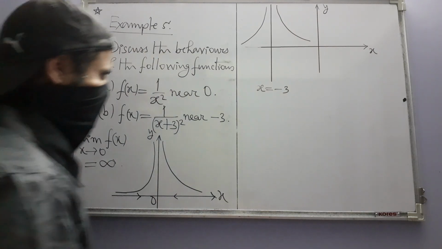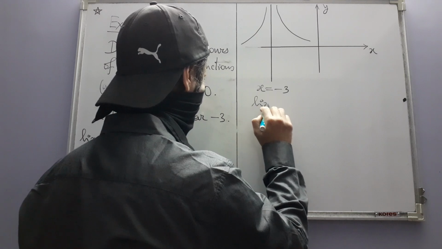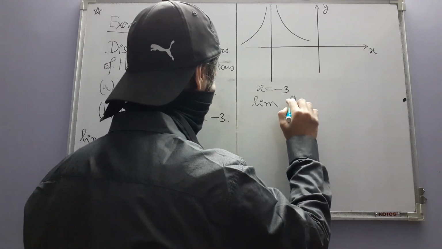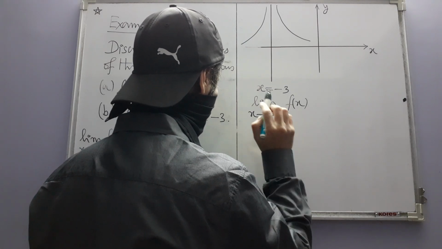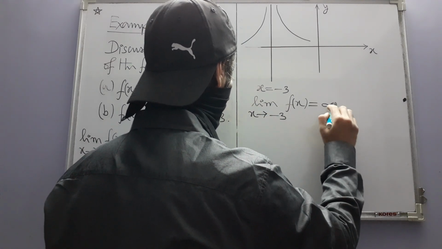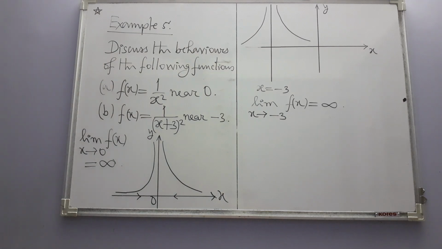So for this one also, the two-sided infinite limit at -3 is infinity.